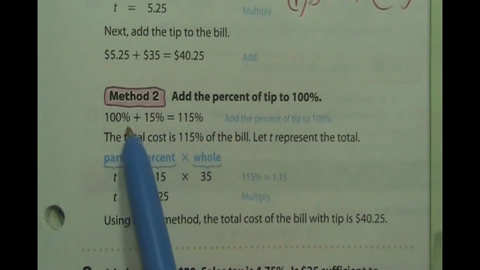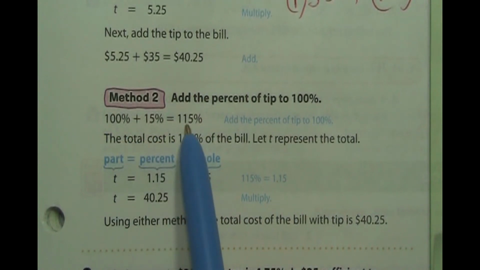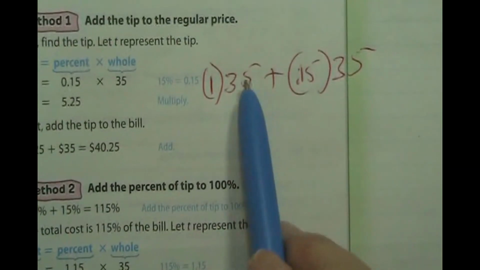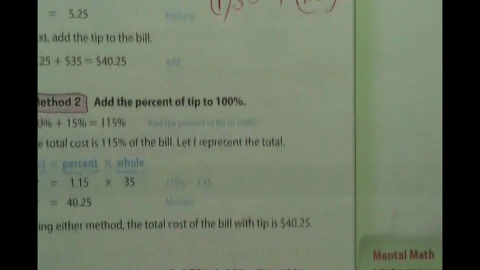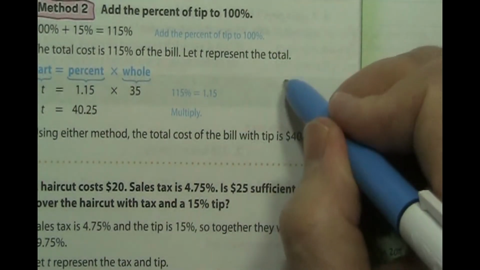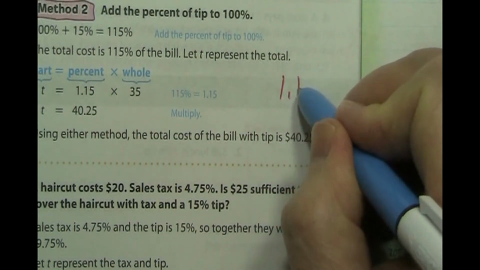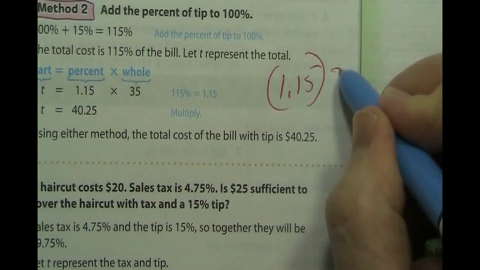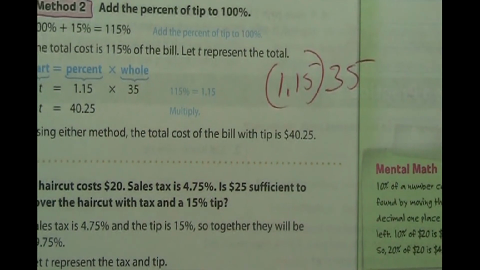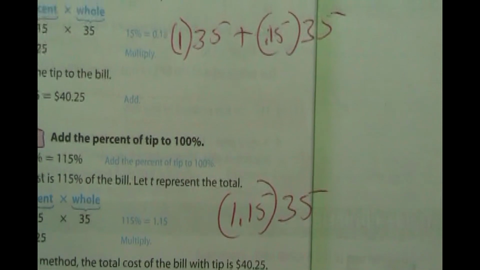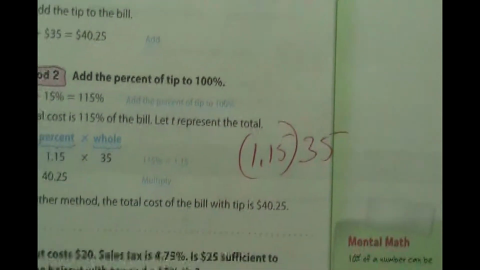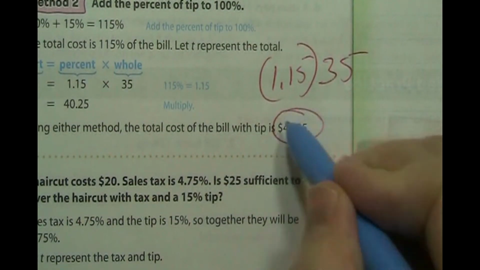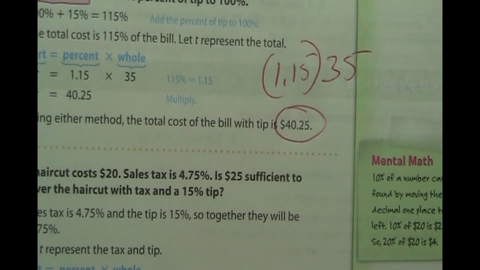If you notice right here, they'll put that 115%. 100% of this and 15% of it also. So you would just write 1.15 times 35. Either way, you get the same answer. Your choice and way of doing it. And the answer with the tip is $40.25.